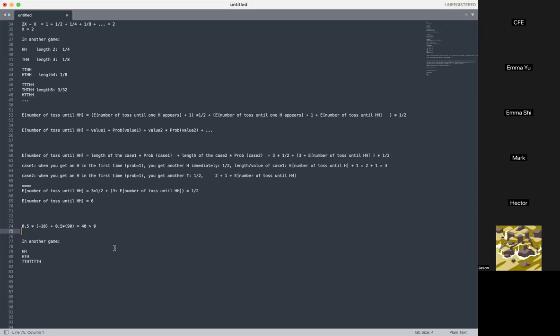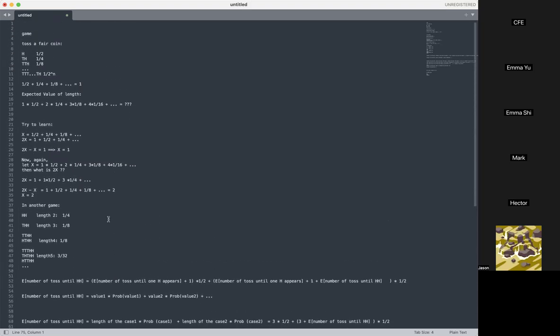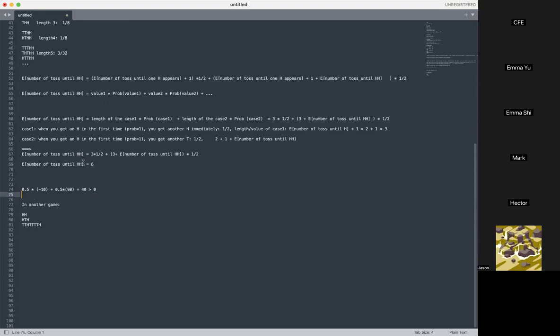So first we need to get at least one head, right? And then it becomes the game of getting another head. Yeah, I think that's exactly the way to do this, right? So we can write it as this.